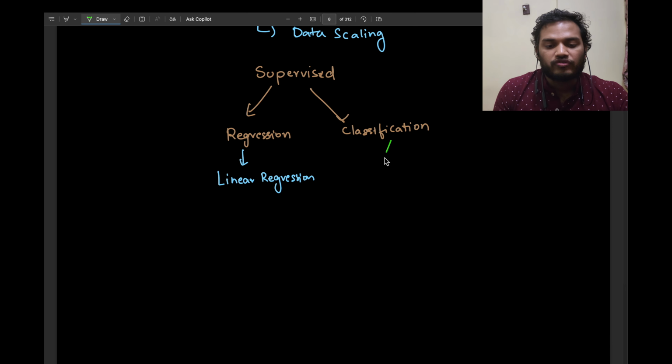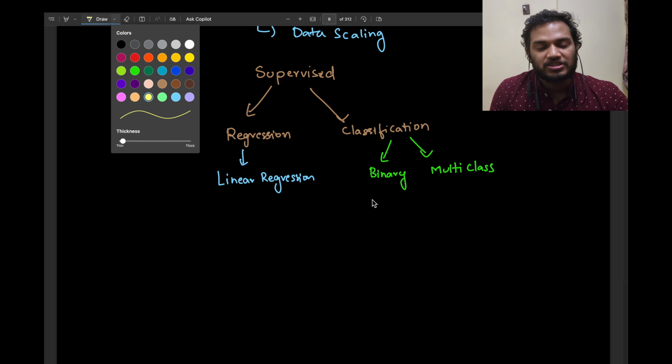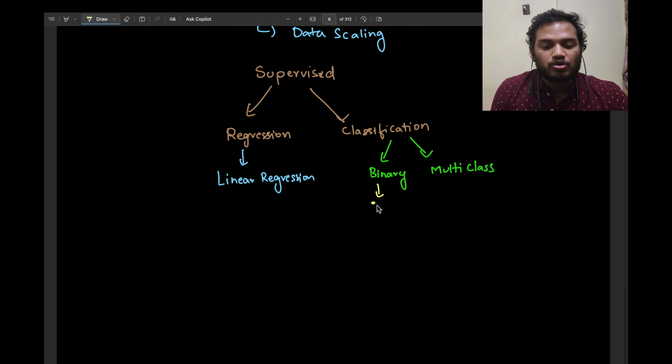Within classification, basically there are two types. One is binary classification problems, and the other type is multi-class classification problems. So what is binary and what is multi-class? By the name itself, we can clearly understand, right? Binary means that the output will have only two classes.